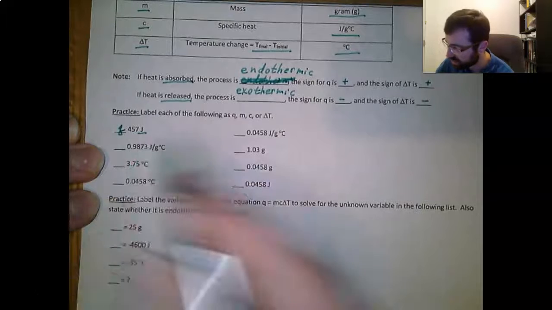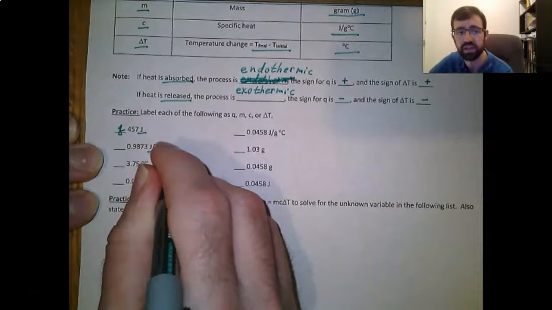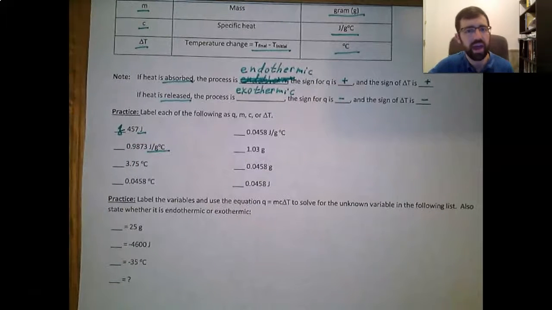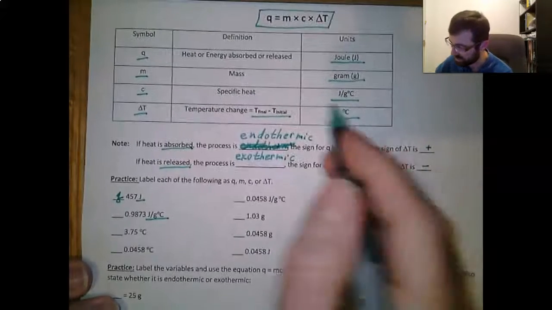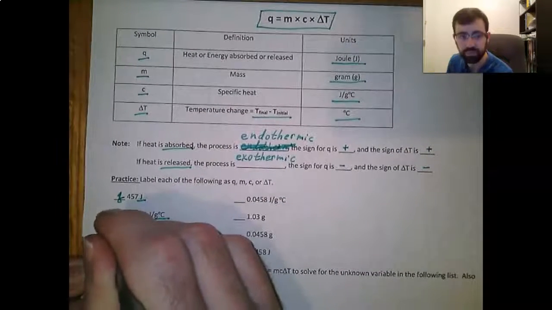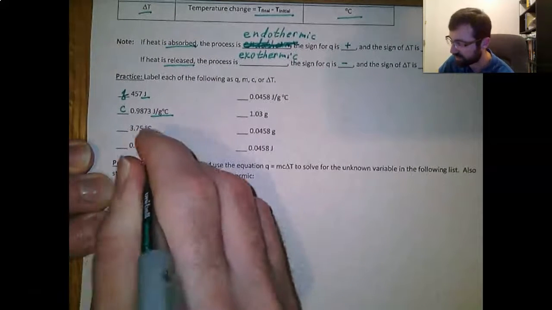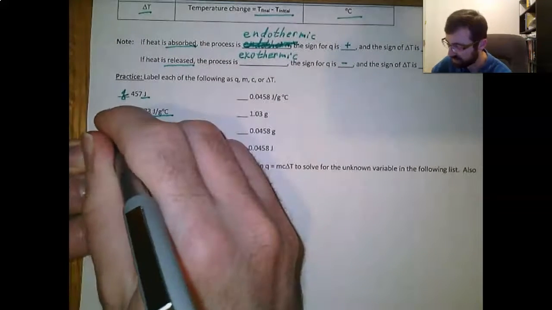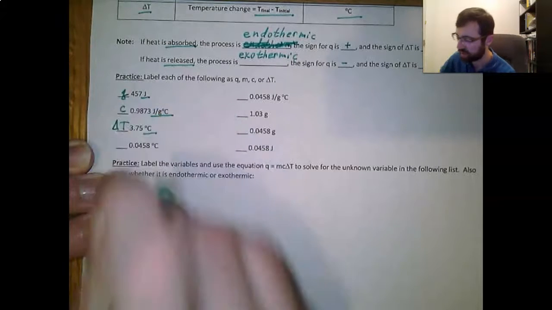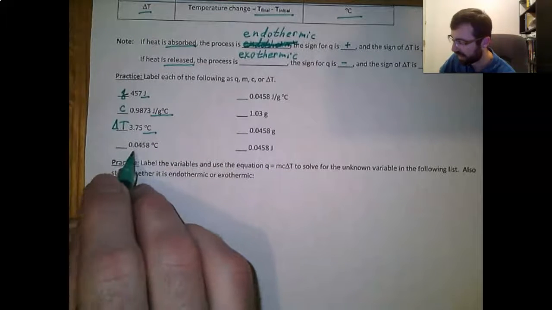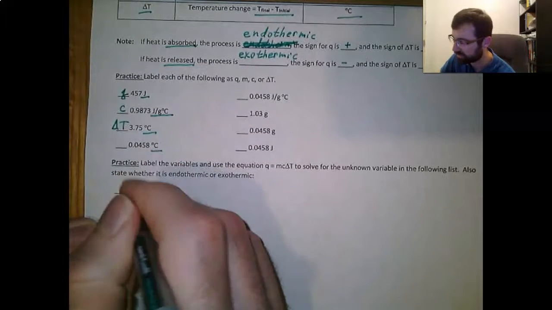0.9873, but the units are joules per gram degree Celsius. What's that a unit of? Specific heat. Okay, and I'll go through the rest of these a little bit faster. 3.75 degrees Celsius. That's delta T. 0.0458 degrees Celsius.